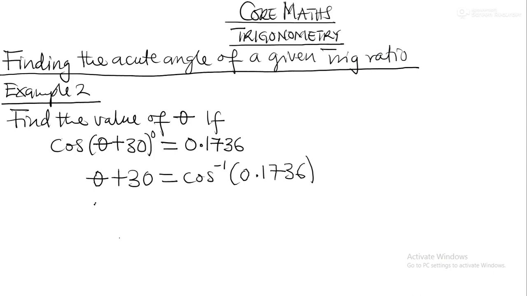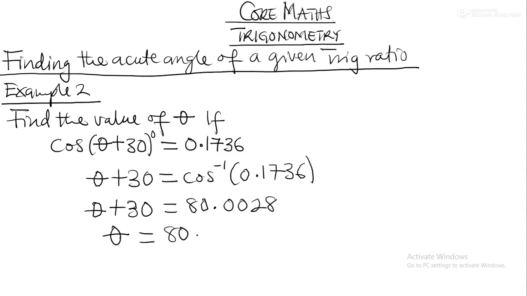So we are going to have theta plus 30 equals 80.0028. Now we have to find theta. So our theta will be equal to 80.0028 minus 30.